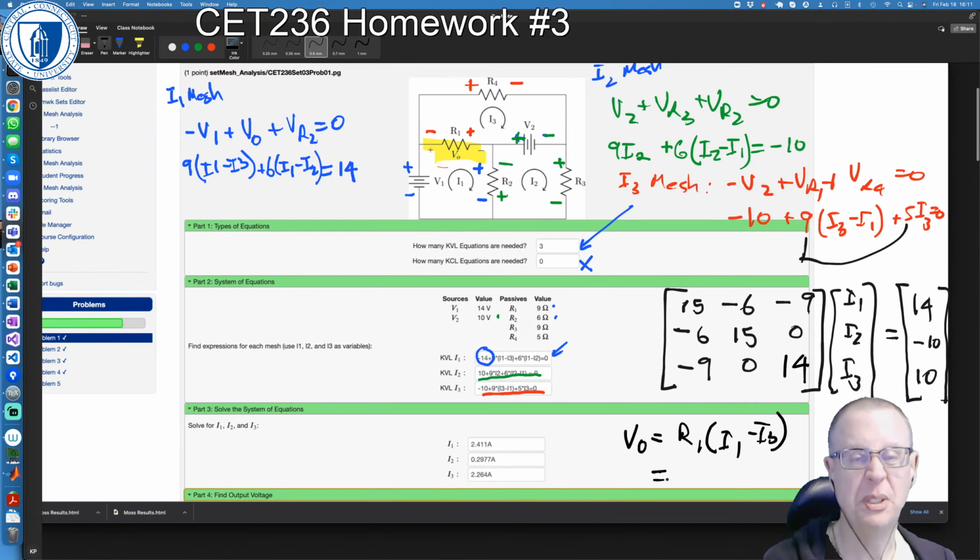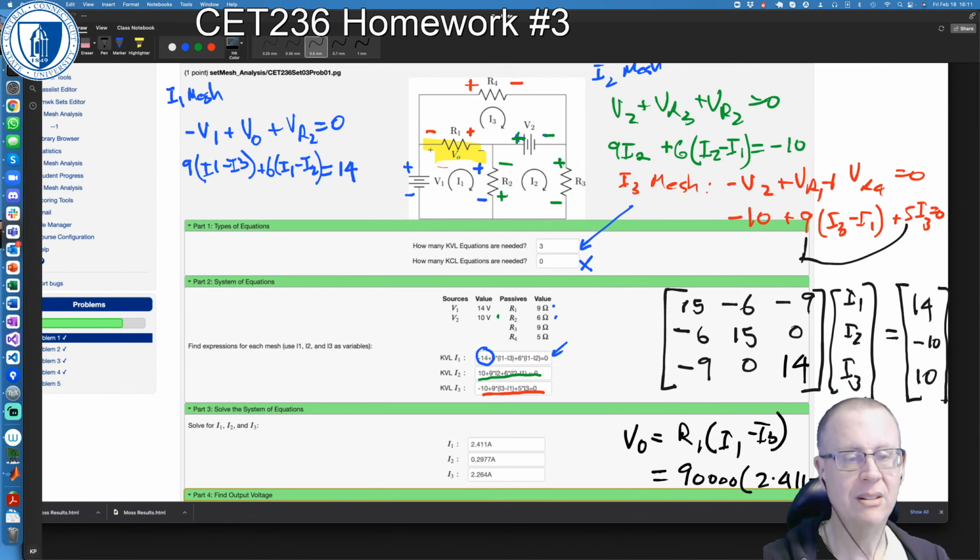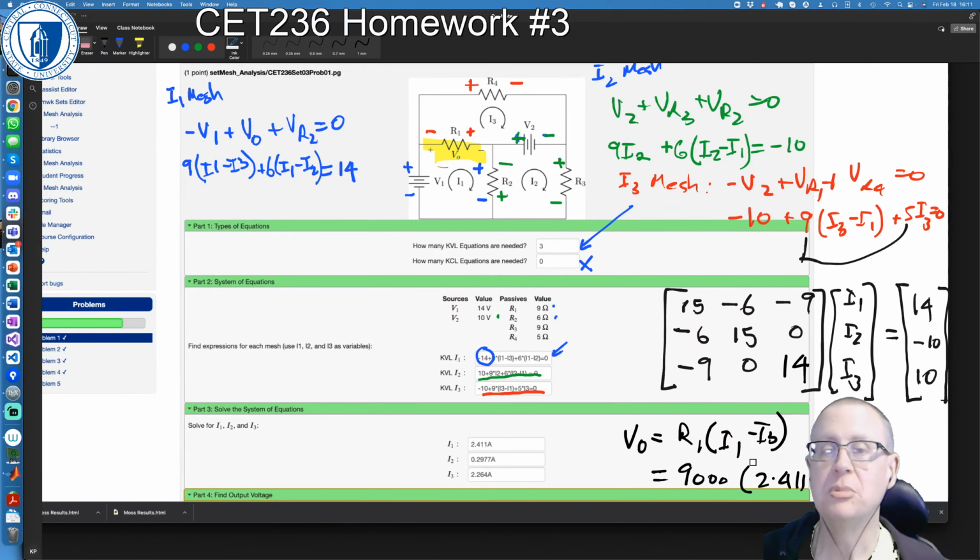And that's going to be 9,000, and then I1 is 2.411, and I3 is 2.264. I put an extra 0 in there, so let's erase that extra 0 because it should be 9,000. Okay, and that's the way you get the output voltage.